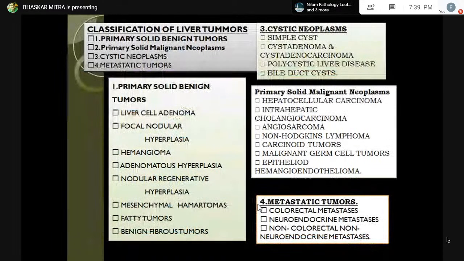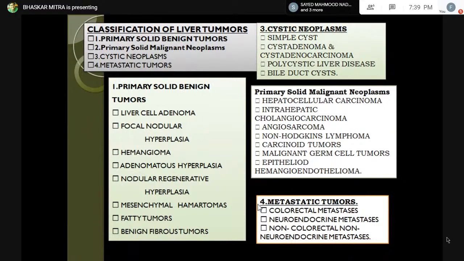Now, how do we approach these liver lesions? Some books show vast charts. They approach these cases as whether the lesions are solid or cystic. If the lesions are solid, which benign conditions are we looking at? Liver adenoma, focal nodular hyperplasia, hemangiomas, adenomatous hyperplasia.